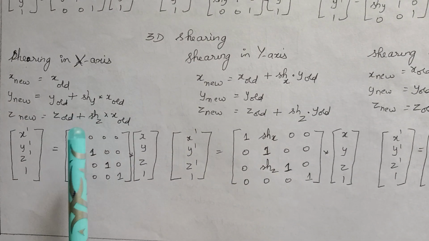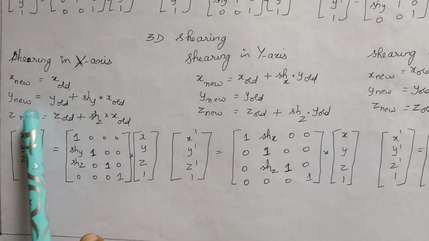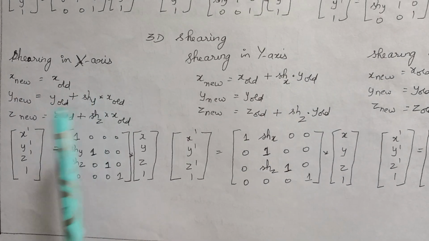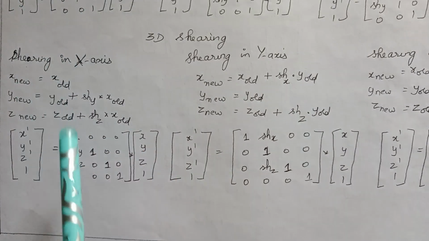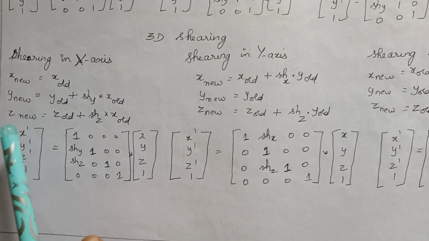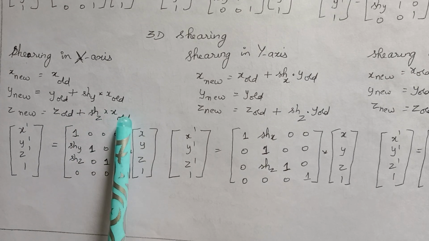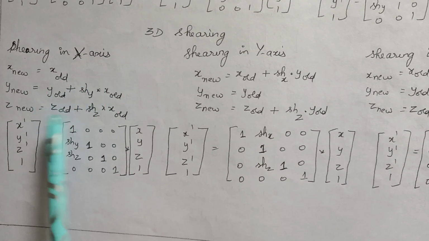See, shearing in the x-axis. Here x new will be equal to x old. Y new will be equal to y old plus shy of x old, and z new will be z old plus shz of the x old value. So this is how your shearing will be in the x-axis.